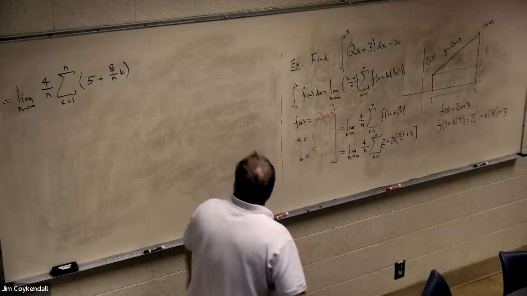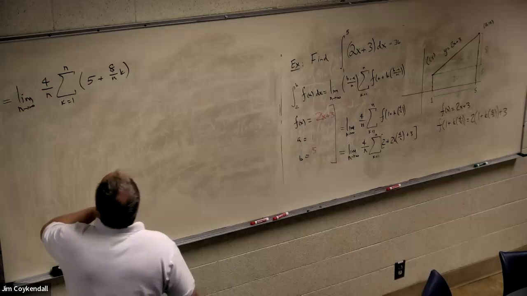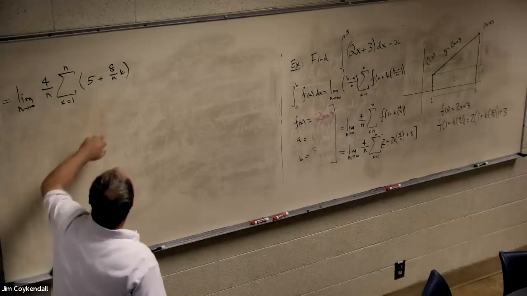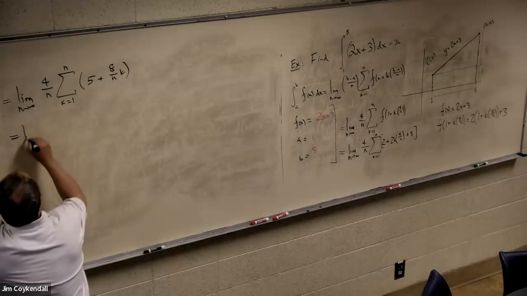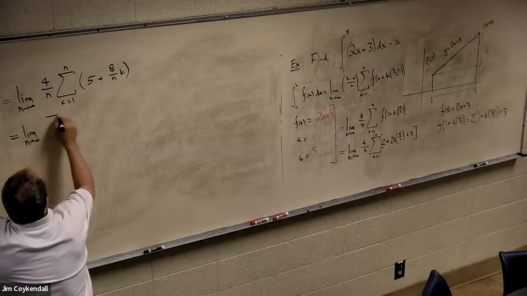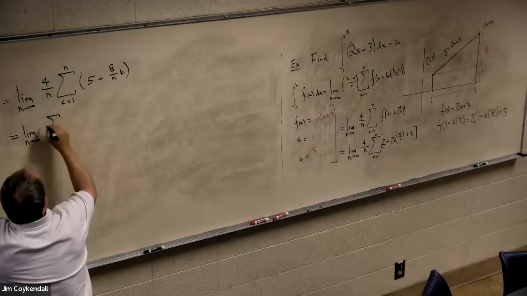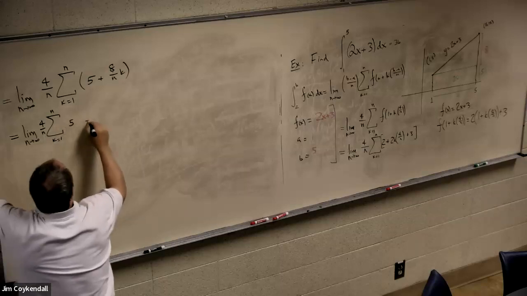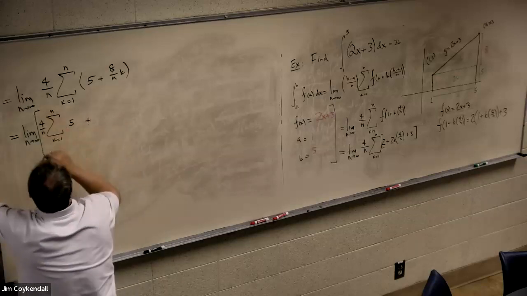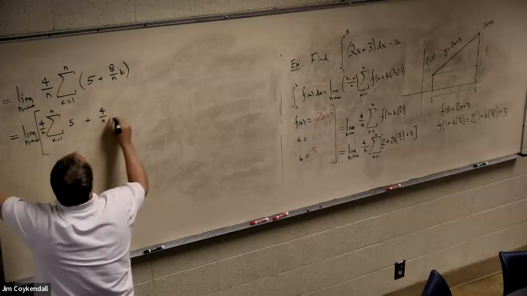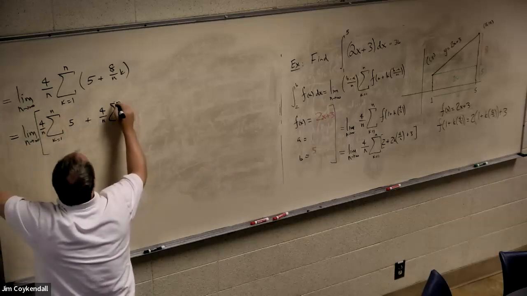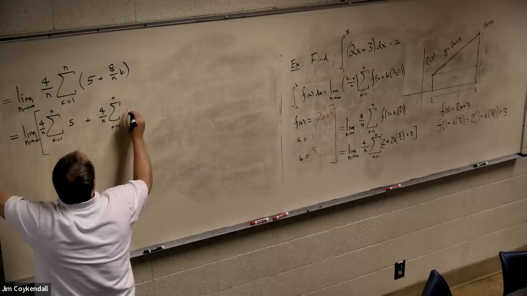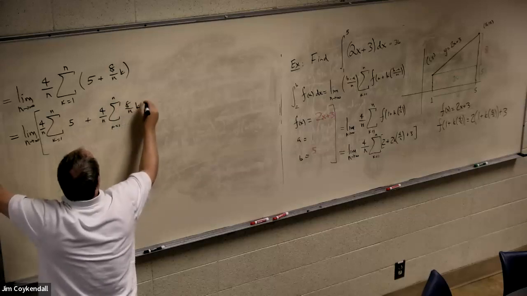So I'm going to split this up. 4 over n times 5, plus 4 over n times 8k over n.